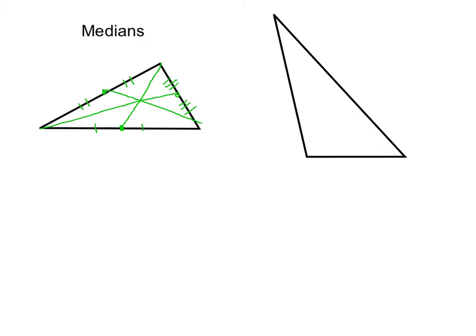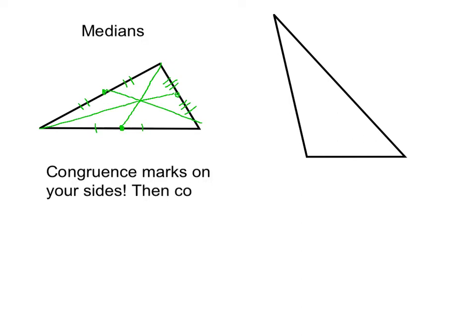That one's not very accurate, that last one, sorry. So the key things to look for here are congruence marks on your sides. Then connect to the opposite angle.